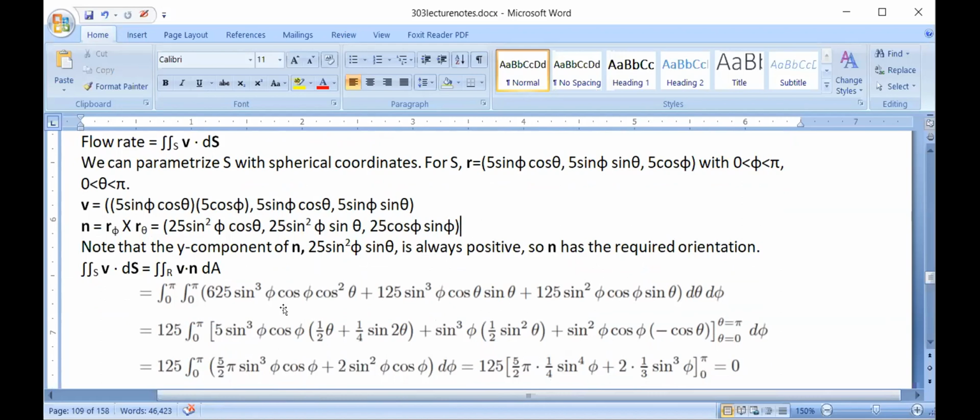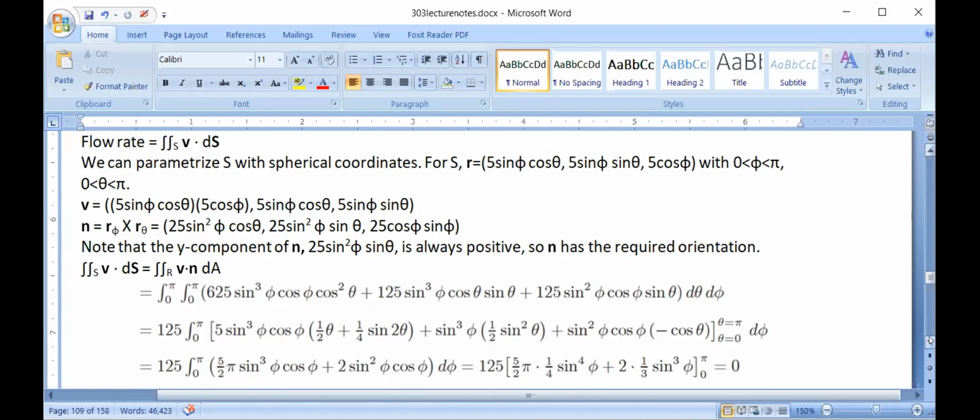And then it becomes a pretty easy integral to do. You just get 5/2 pi times 1/4 sine to the 4th phi plus 2 times 1/3 sine cubed phi, evaluated from 0 to pi with the 125 still in front. But when you evaluate it, everything cancels and you just get 0.